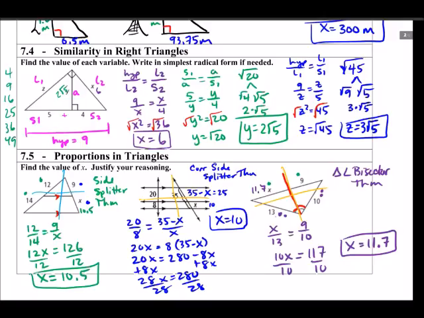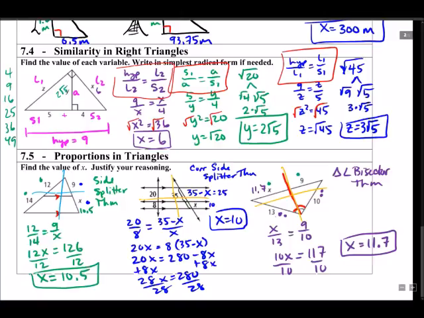And then right triangles, if you have an altitude to the hypotenuse, you get all kinds of special things happening, but those are just formulas. You've got these 3 formulas here. They're just formulas. You write them down, you label your triangle, substitute in.